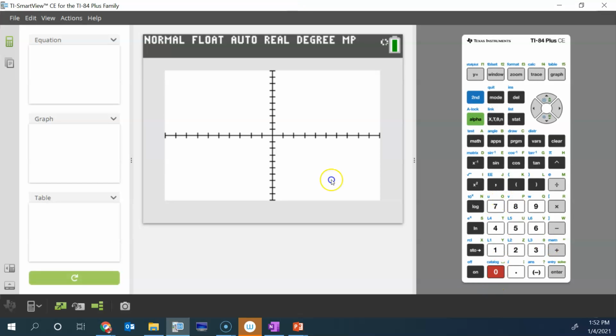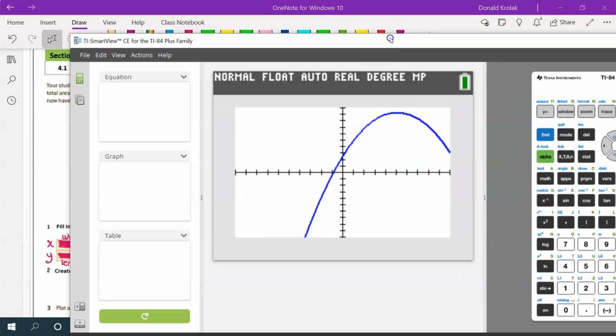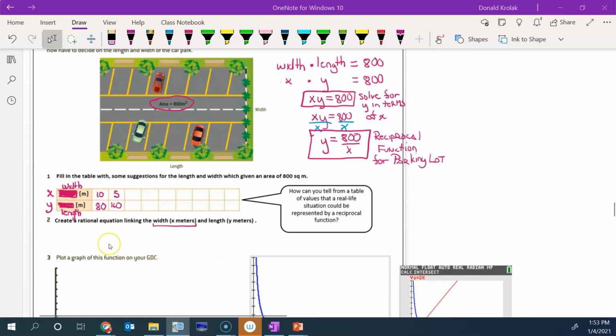800 divided by, oops, darn it, my calculator's acting funny today again. Okay, let's just come up with some others.